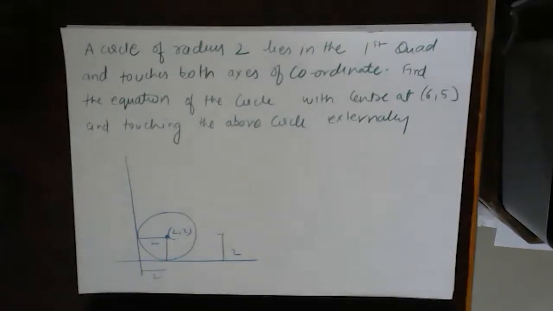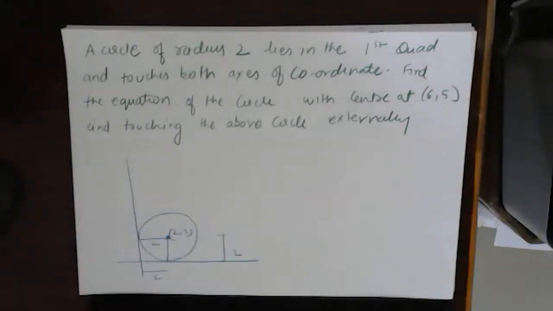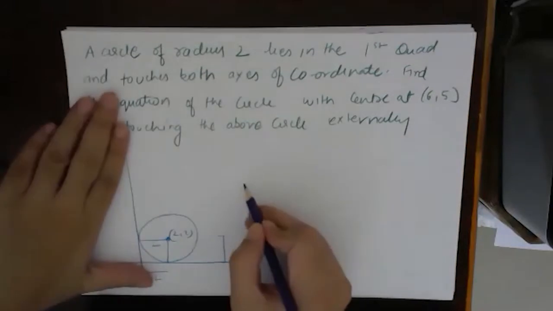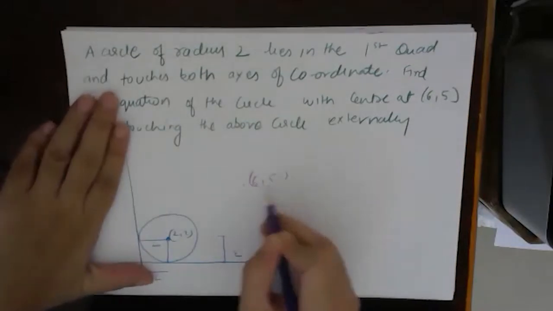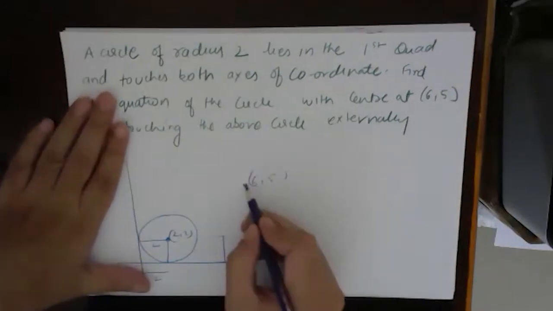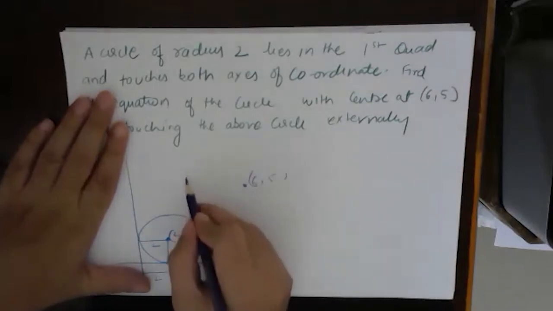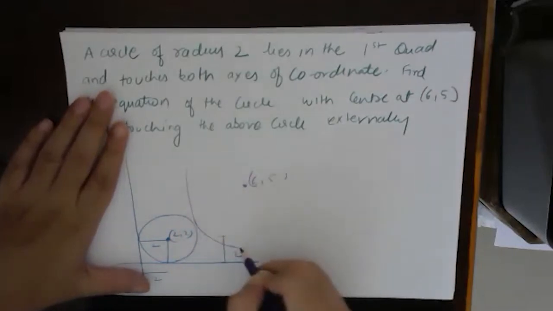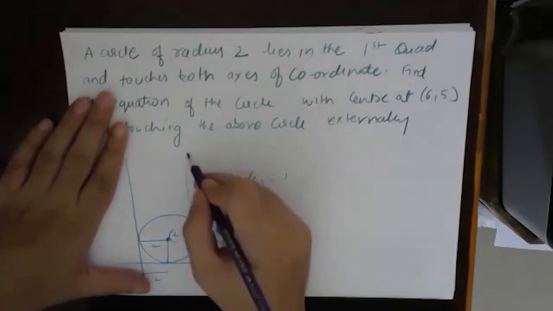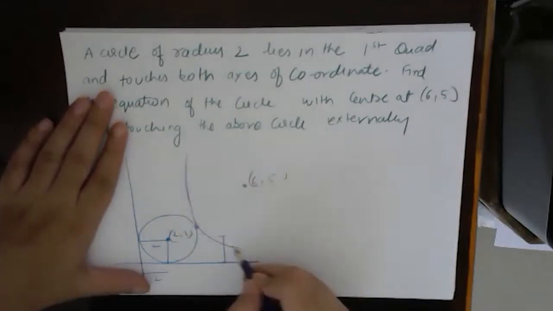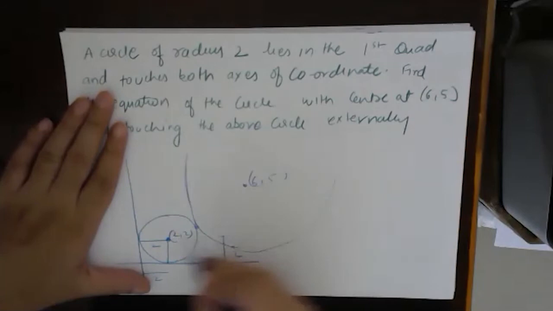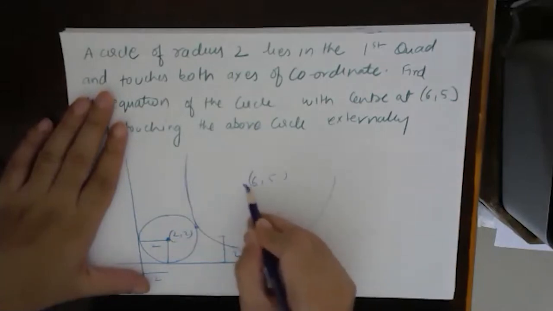Now there is a circle whose center is 6 comma 5, and this circle touches the first circle externally.